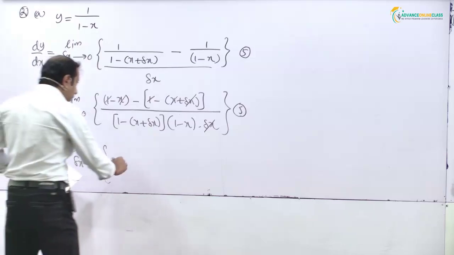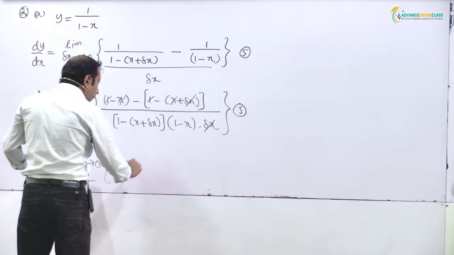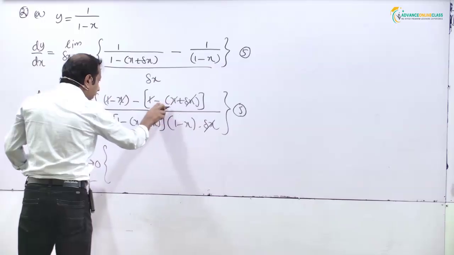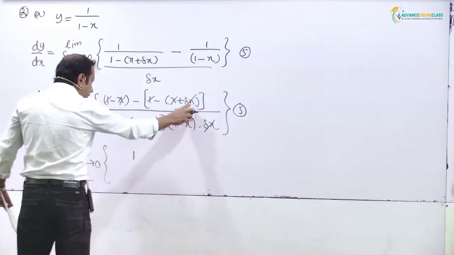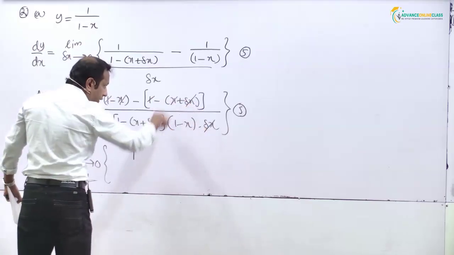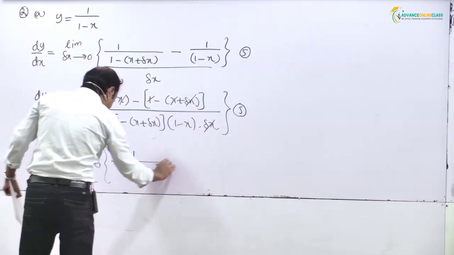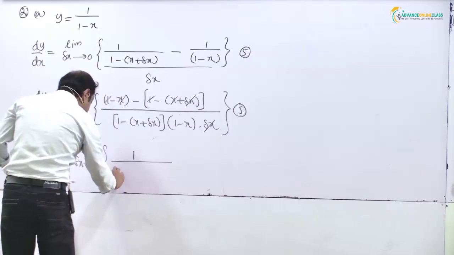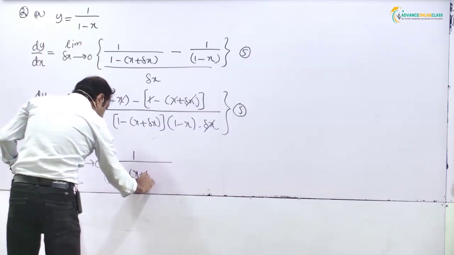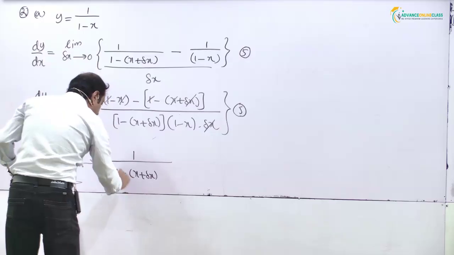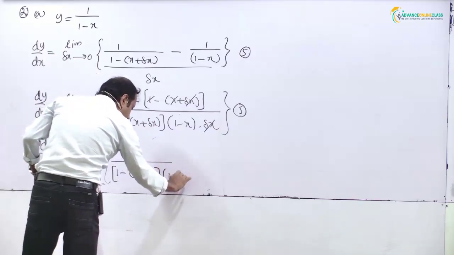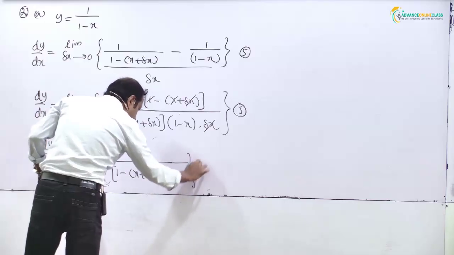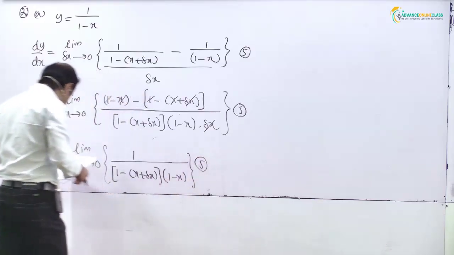Then we finally get minus plus 1, no? Numerator we get 1, because this delta x cancels with the denominator delta x. Then we get numerator 1 over 1 minus x plus delta x, 1 minus x. For this 5 marks.